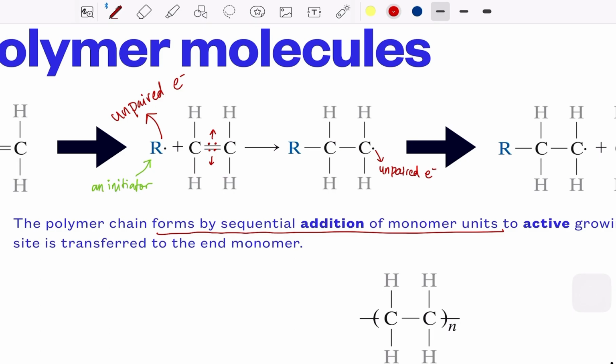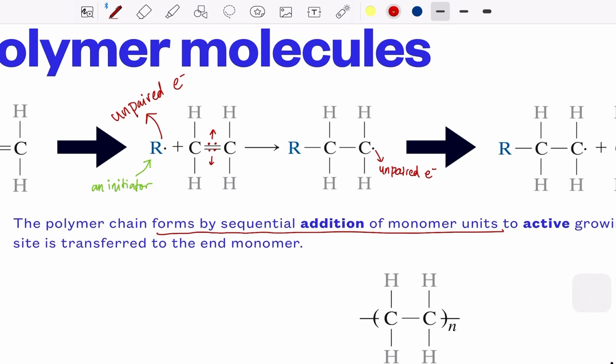And because a lot of ethylenes combine, add one and it becomes many, the chain becomes really long. And sometimes we write the monomer like this just to show that it has many repeated units.